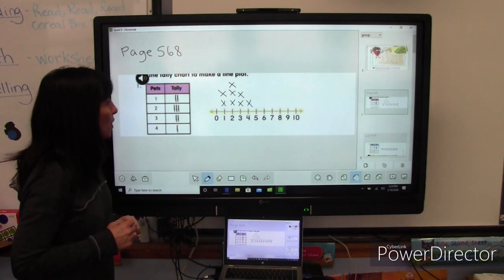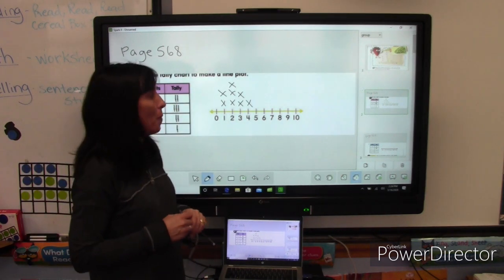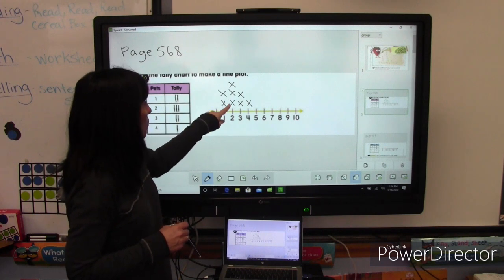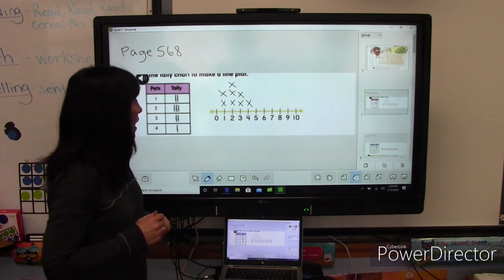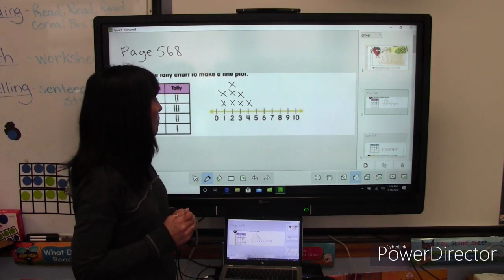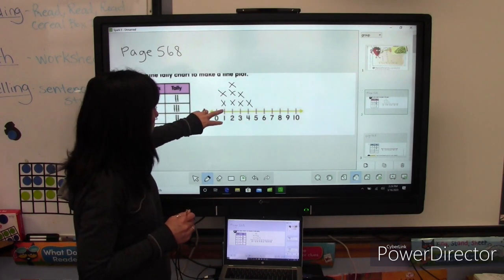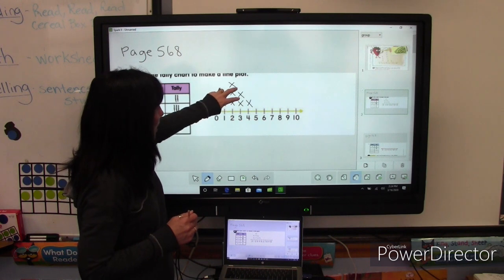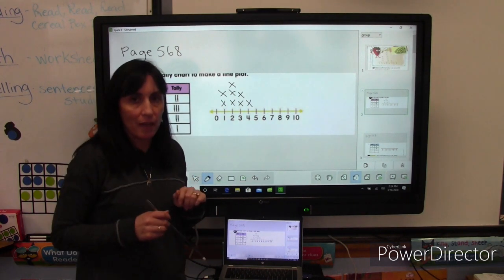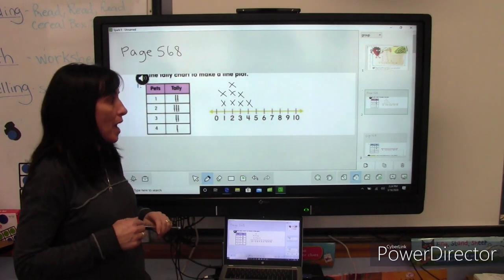If I asked you exactly how many people had 2 pets, you could tell me 3 of them did. If I asked you what number of pets exactly 2 people had, exactly 2 people had 1 pet, and exactly 2 people had 3 pets. So that's how we're filling in our line plot.